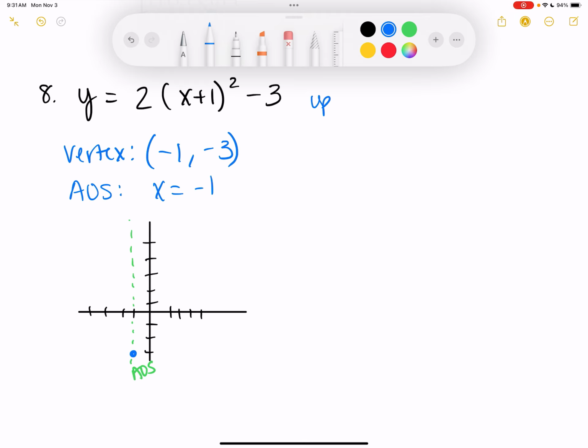But if I use 0, then I just have 2 times 1 squared minus 3. So then that ends up just being -1. So at 0, -1. And then that also means at -2, -1. I have a point there.